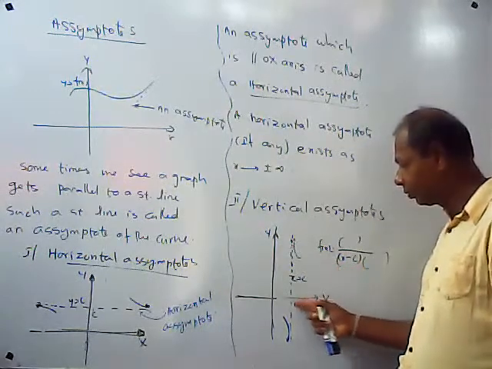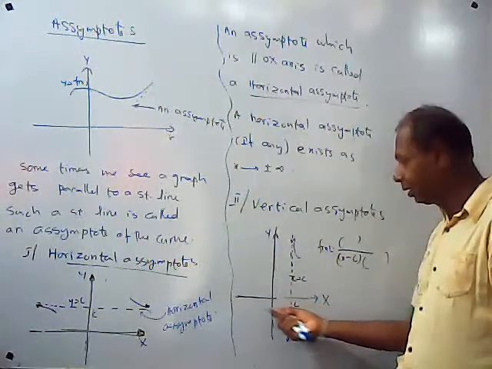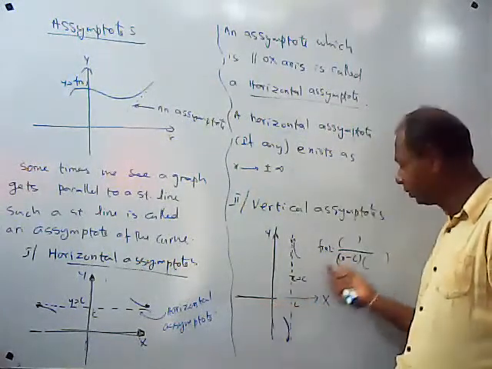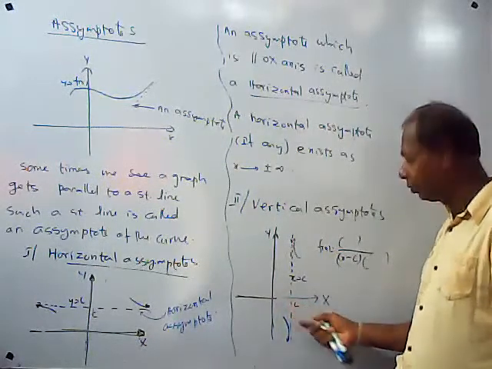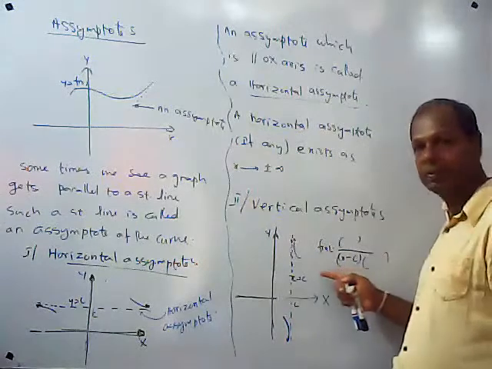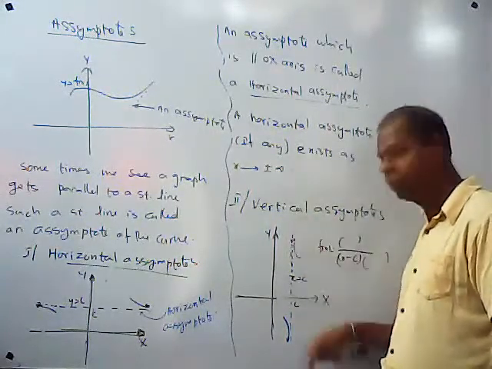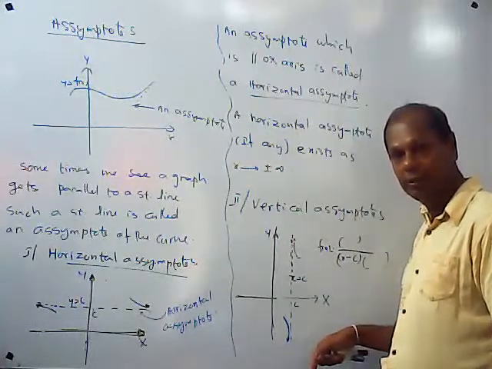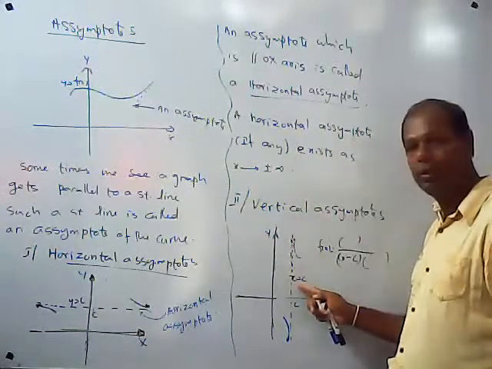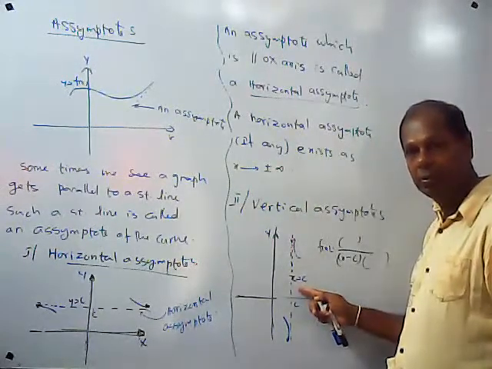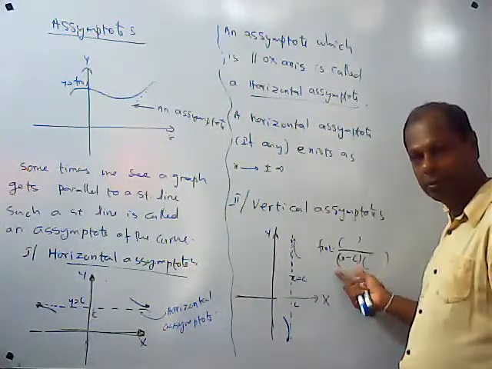From one side, x minus c gets closer to 0 from the positive side; from the other side, it gets closer to 0 by negative values, right? Together with the other things, that will make it go to positive or negative infinity. So in short, you get x equals c as a vertical asymptote only if you have x minus c in the denominator of the function, right?